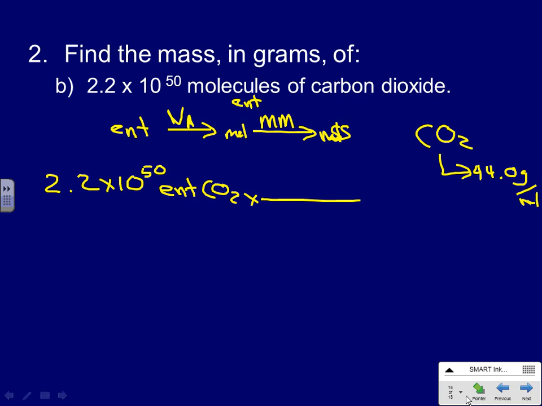So I cannot have mole on the bottom. Yes. I look at that entities, 6.02 times 10 to the 23 entities. It's the units that guide where I put things. The unit I'm starting with, I need that unit on the bottom per 1 mole.